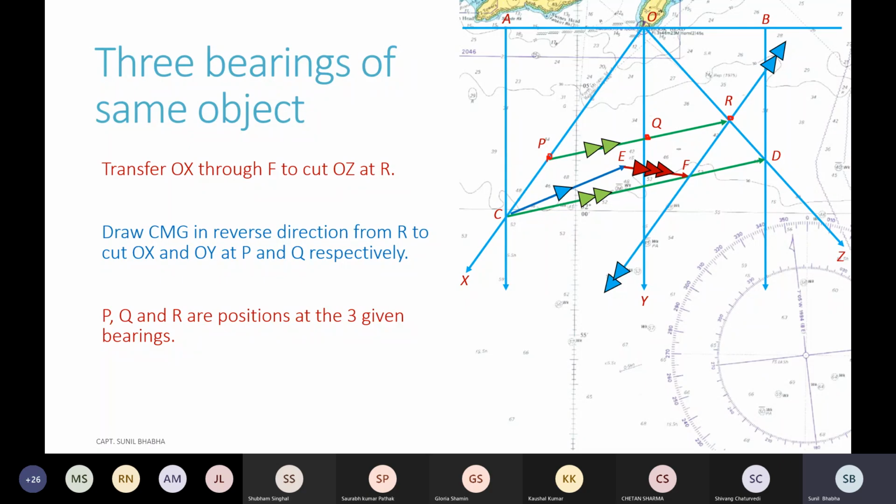These 3 positions which you see, P, Q, R, are our positions at the 3 given bearings. A position is represented by a dot and a circle around it. So let's make these circles at all these three positions.